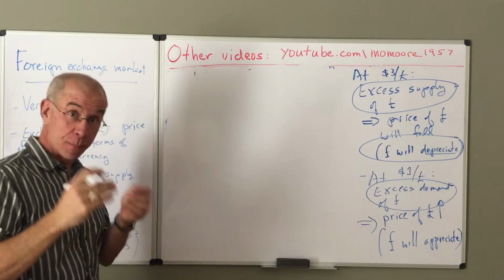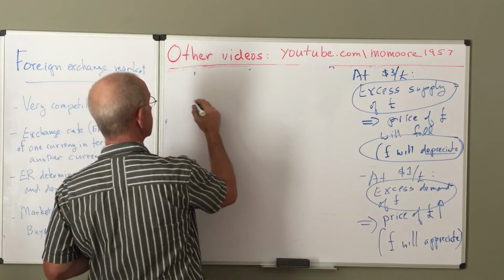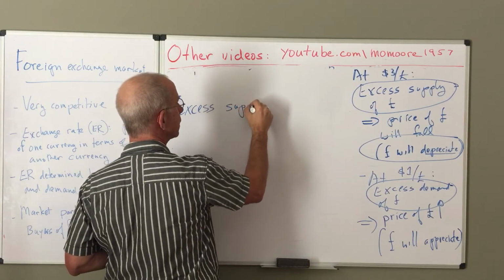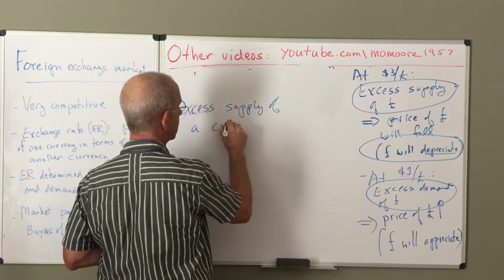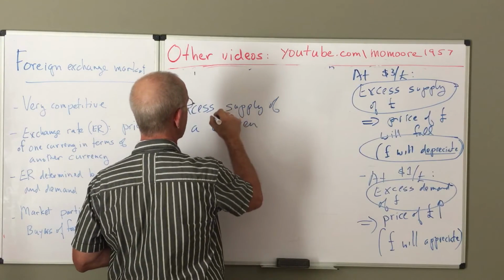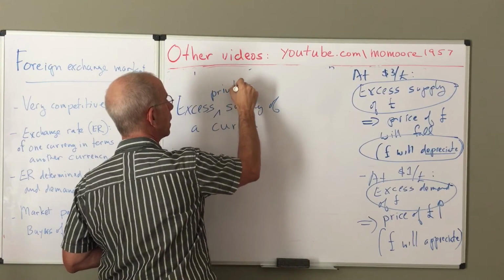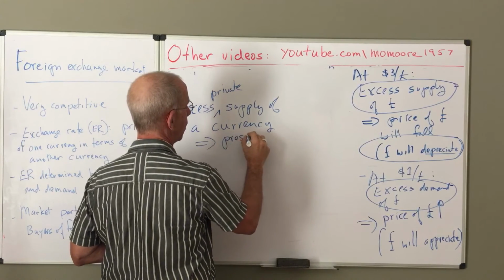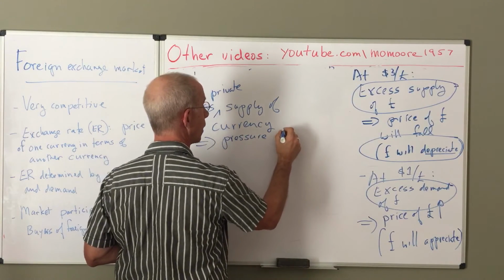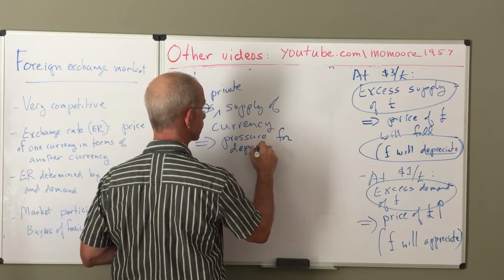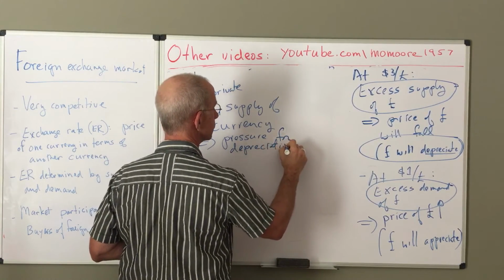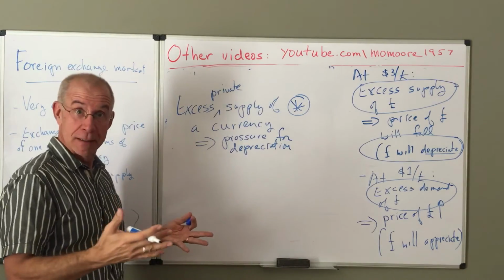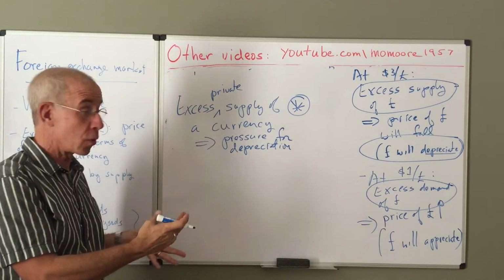It's important that you associate these two ideas together. Excess private supply of a currency will cause a pressure for depreciation. Okay, this is one of these things that you should put a star next to in any notes that you might be taking, because this is a really important idea.